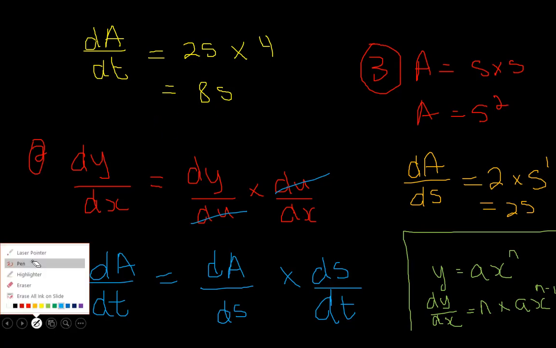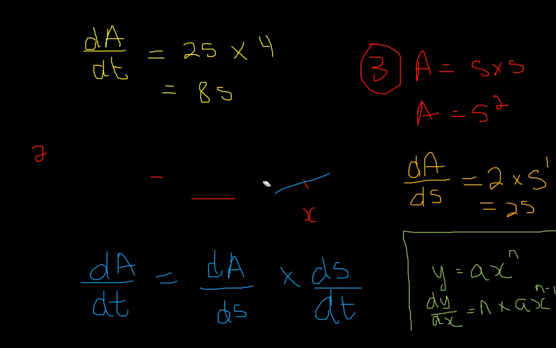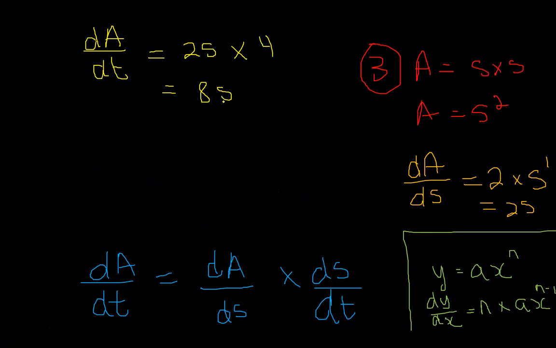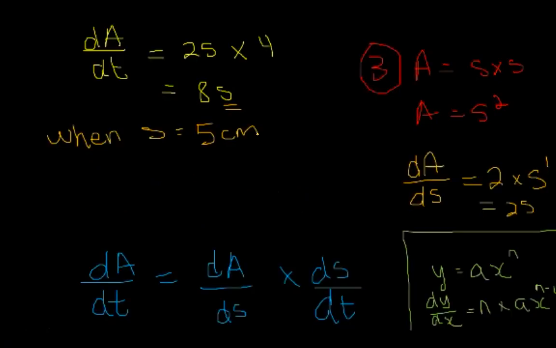So let me just erase. Use a different color, and just continue with orange, right? So when s is 5 cm, they want the value of dA on dt.